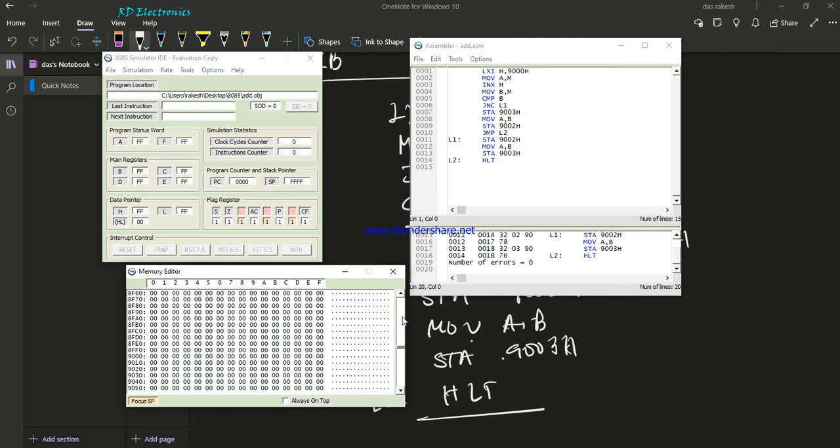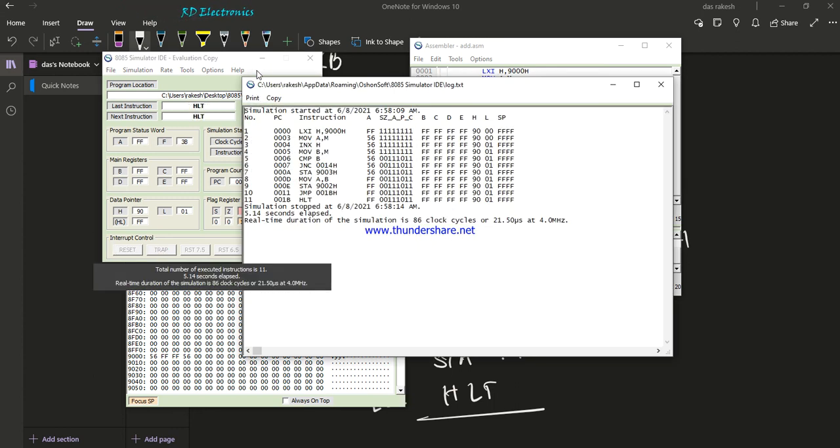So now here we insert the numbers again, 56 and then FF. Now first store the larger number and then the smaller. Now we'll see that very carefully.